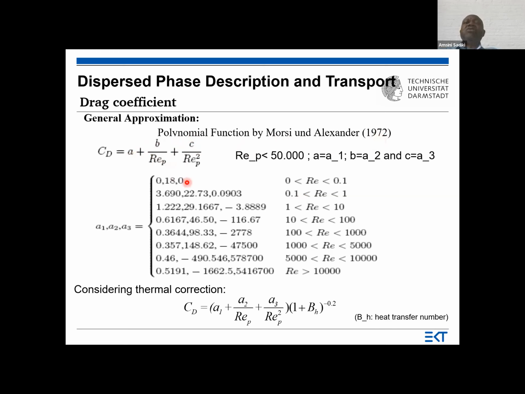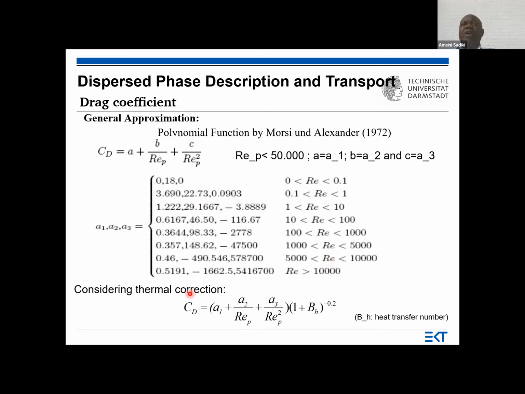It is provided in this form as a function of the Reynolds number of the particle, and it is valid up to a Reynolds number of 50,000. This parameter A is what I call here A1, and B is A2, and C is A3. And we have these different values for different ranges of Reynolds number.